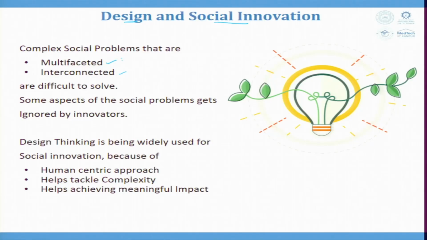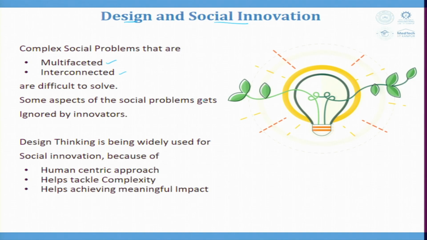It is not only economy, it is also well-being, healthcare, and waste management. All these things are integrated into it. So, these two are very important points when you are trying to look at social innovation, which makes this challenging as compared to normal innovation. So, it is difficult to solve.